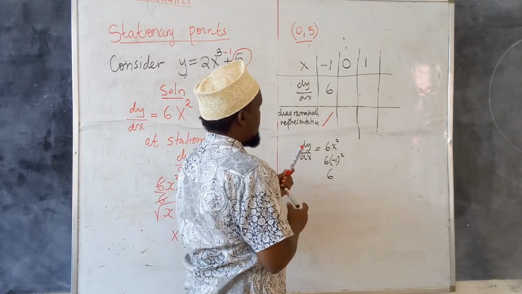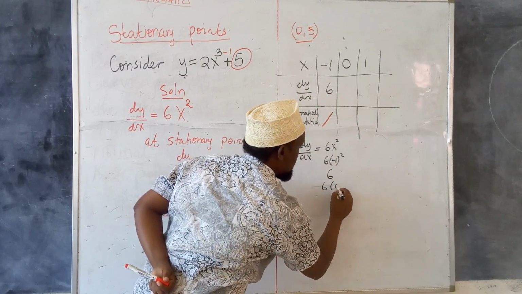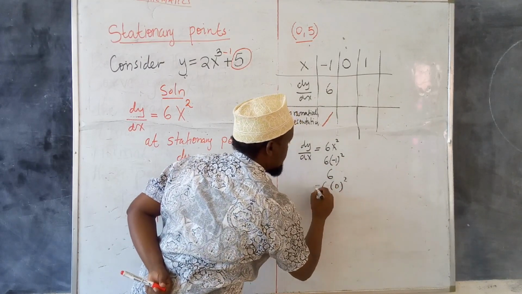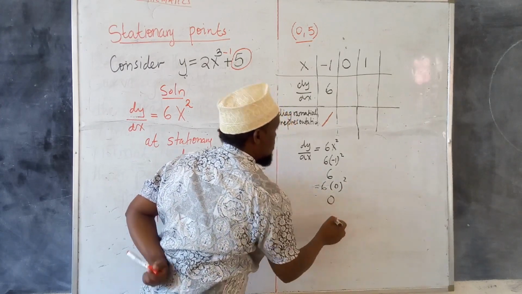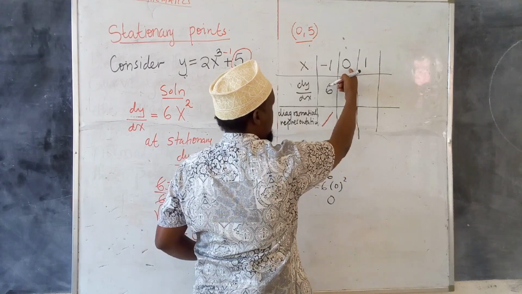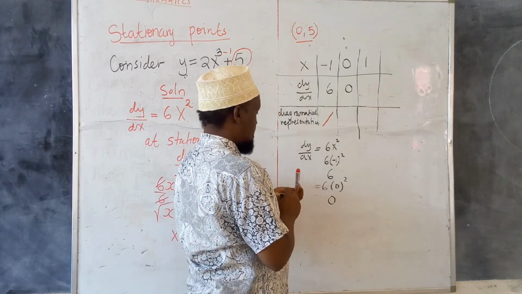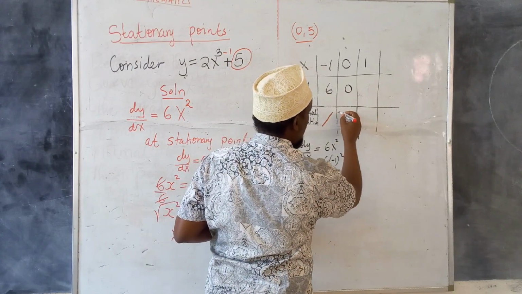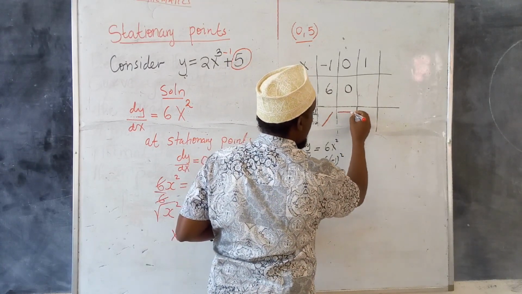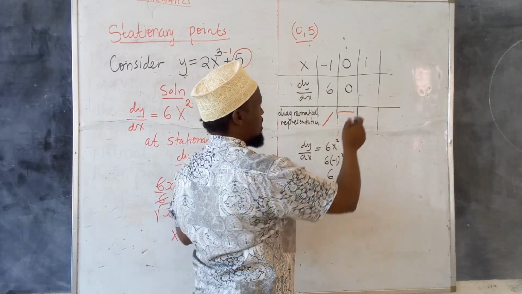Then when x is 0, the gradient will be 6 times 0 squared. 0 squared is 0, times 6 we have 0. So when x is 0, the gradient is also 0. And the line whose gradient is 0 is horizontal.